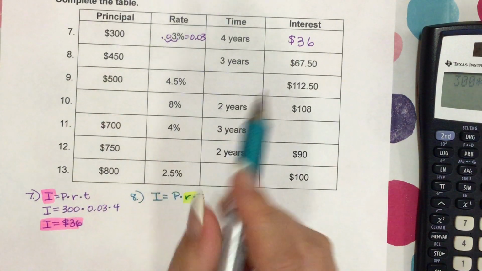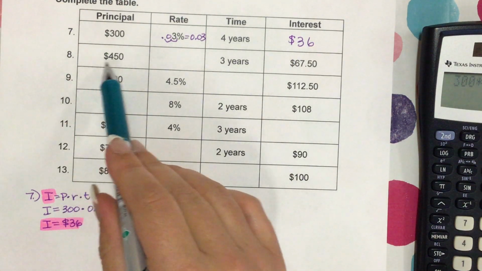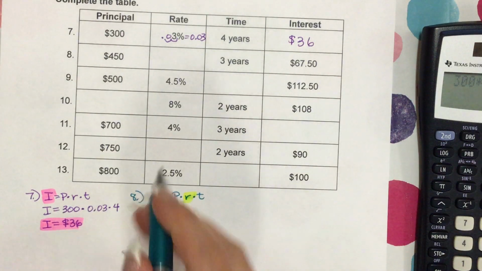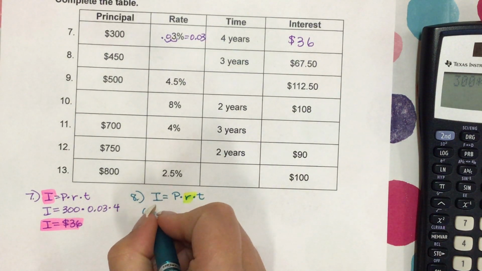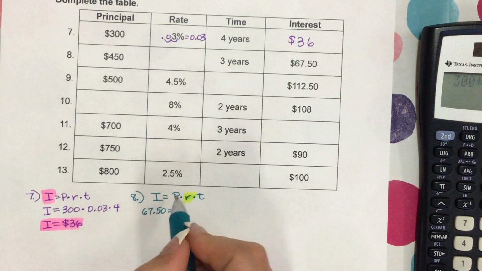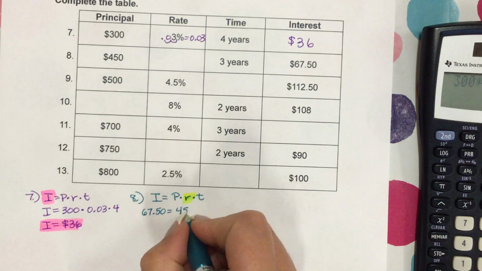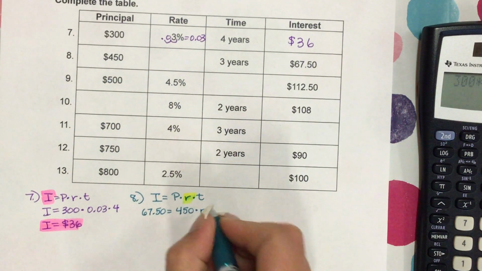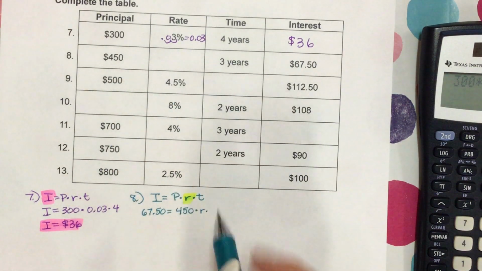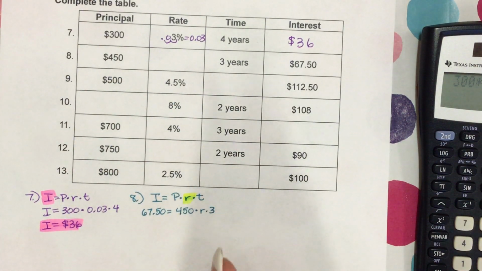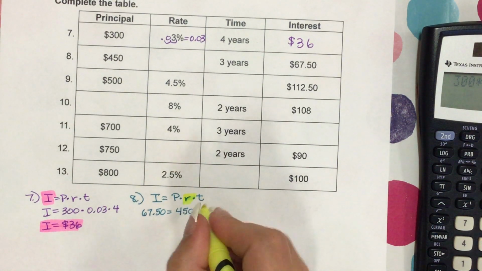The interest earned for problem 8 is $67.50. So $67.50 equals the principal for problem 8, which is $450, times R times the amount of time, which is 3. Okay? And we're trying to figure out what R is.